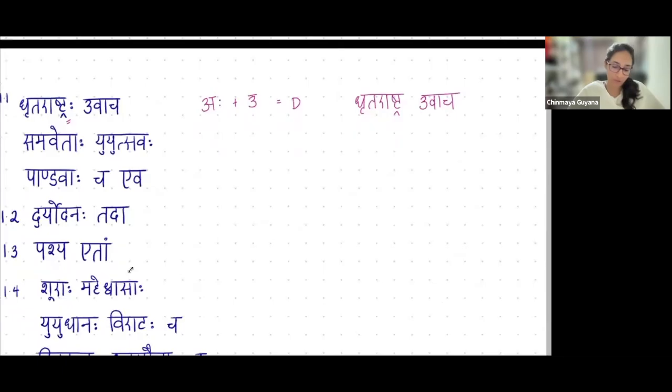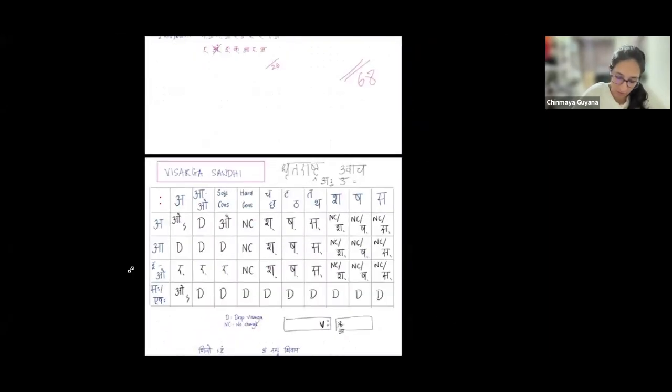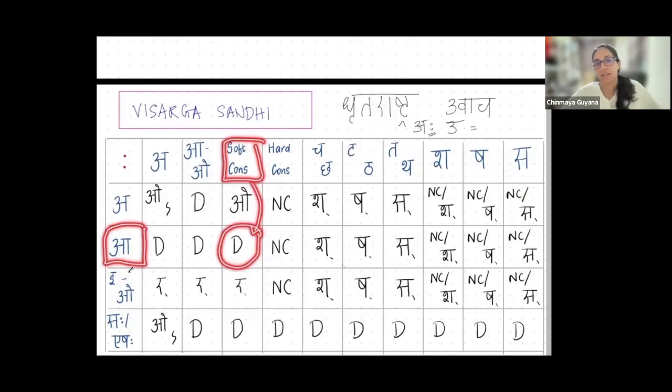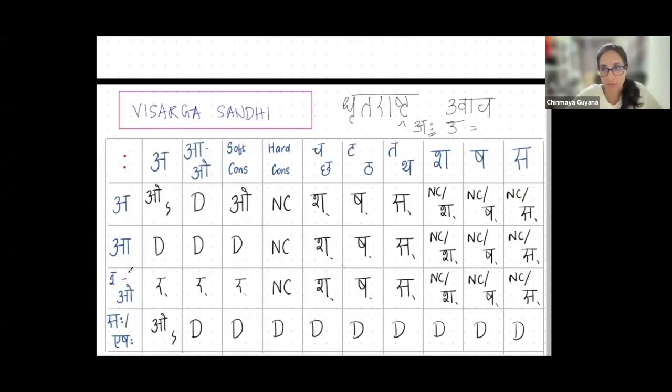Samavetaha yuyutsavaha. So now you have a aha followed by ya. Ya is a soft consonant. So what happens when you have a followed by a soft consonant? Again, you'll see the answer is dropped.